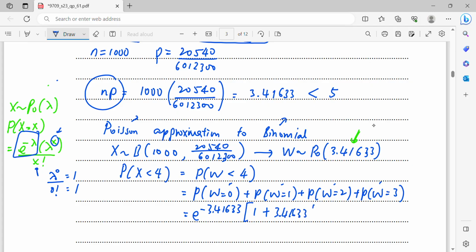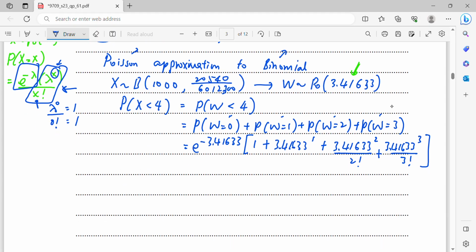Plus P(W equals 2), which is 3.41633 to the power 2 over 2 factorial. Plus when x equals 3, it is just the cube of the lambda value, divided by 3 factorial.